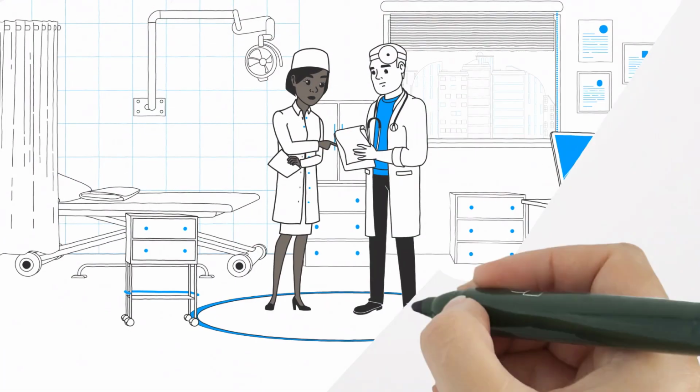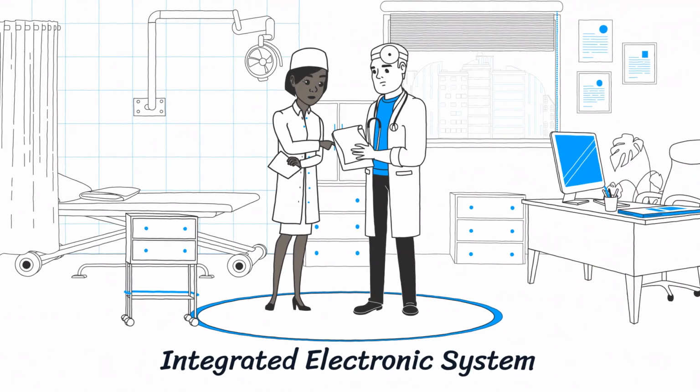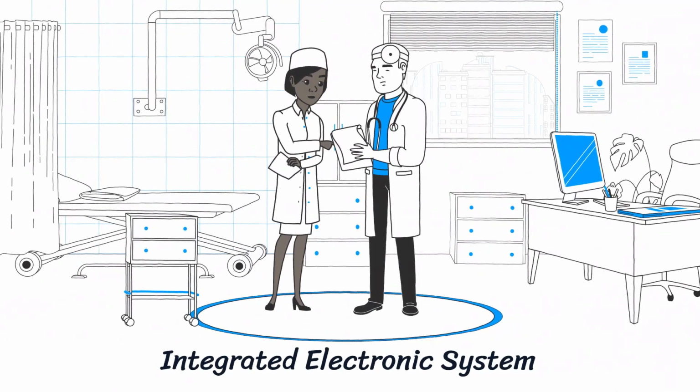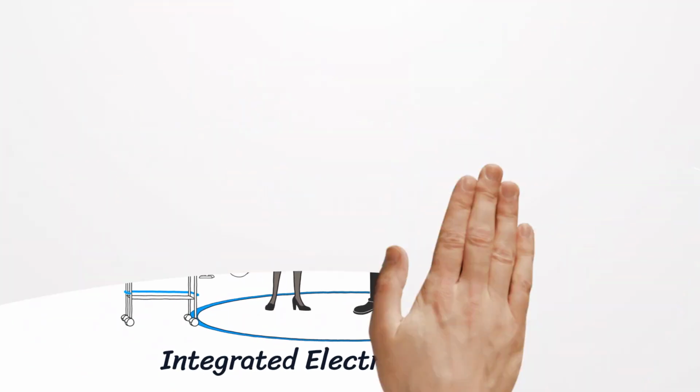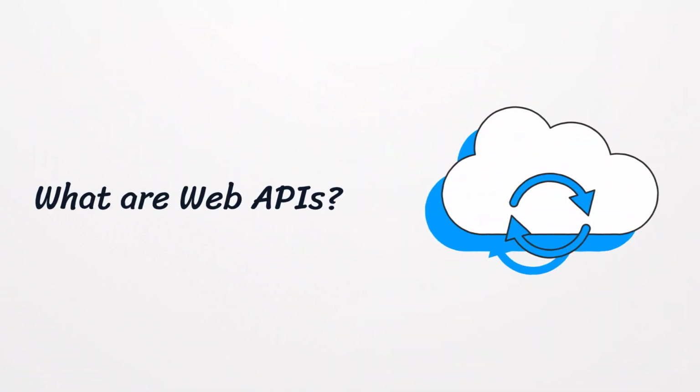Imagine working in a medical clinic management system where doctors and staff depend on an integrated electronic system for real-time management of patient records, appointments, and prescriptions. How does this system communicate and update its information so seamlessly?